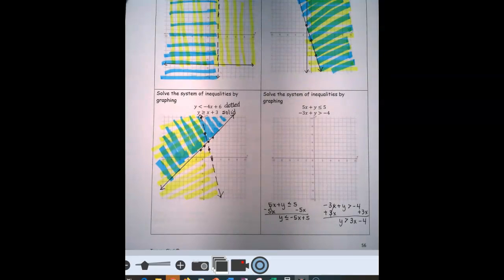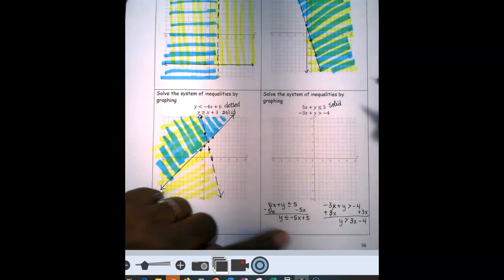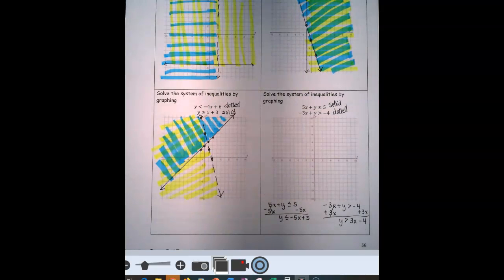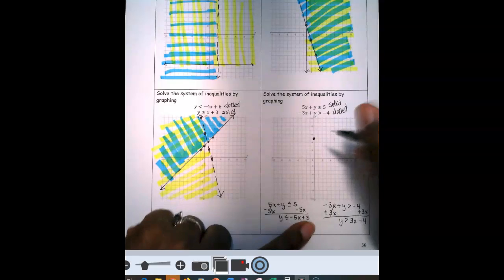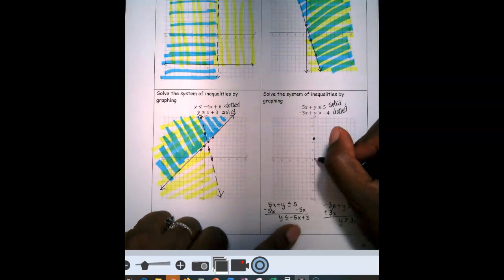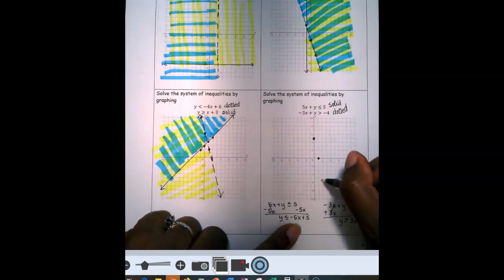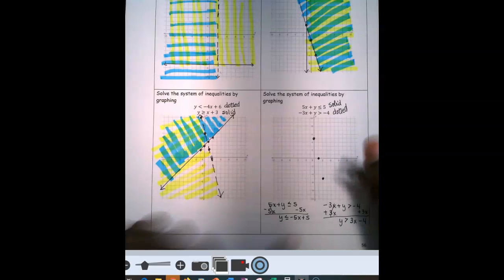So now it's just going to be easier to graph. But what I know is that this is going to be a solid line, and this one's going to be a dotted line. Okay, so we've got positive 5 as the y-intercept. We're going to go down 5 and to the right 1. Down 5 and to the right 1.